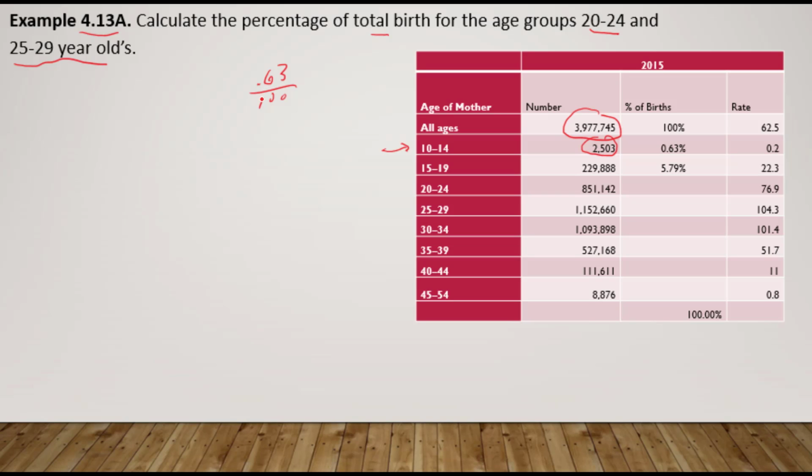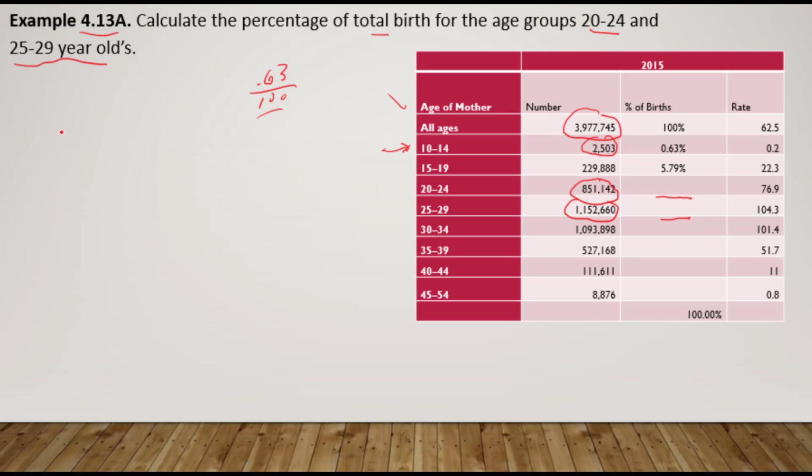That means for every 100 births, 0.63 of them, or less than 1 out of 100, were attributed to women or girls 10 to 14. So we're going to find what percentage of total births each of these is.